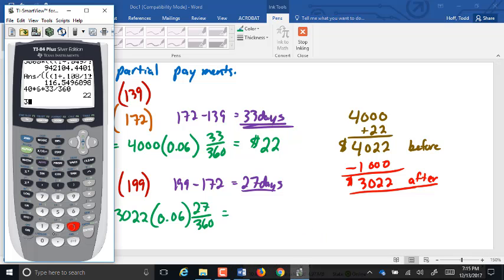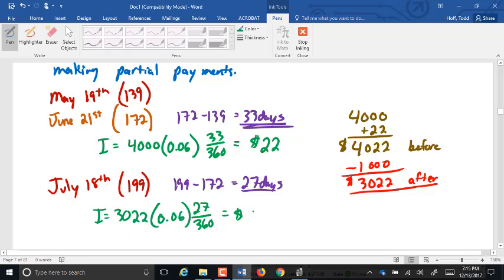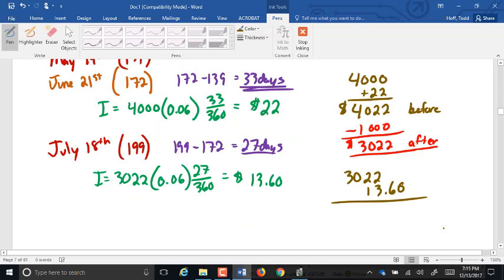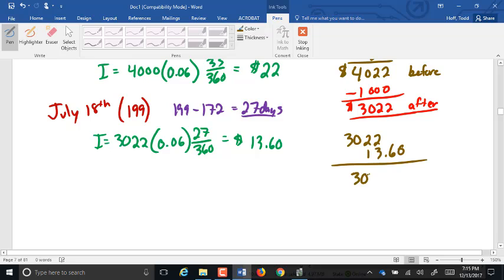Good. Giving us $13.60 in interest. So 3022 plus 13.60 is $3,035.60. That is before the payment.